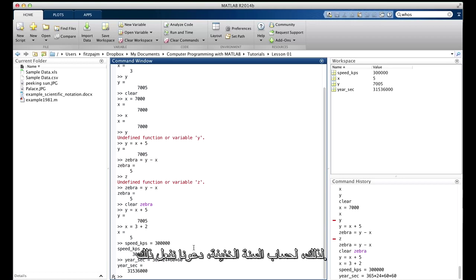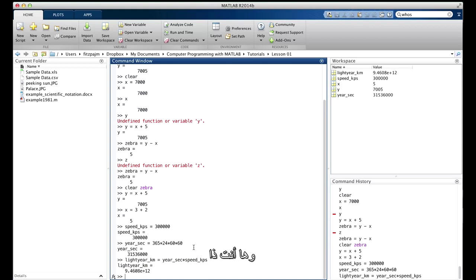So, to calculate the light year, let's do this. light_year_km, to remind me that this is kilometers, is equal to year_sec times speed_KPS. And there you are.